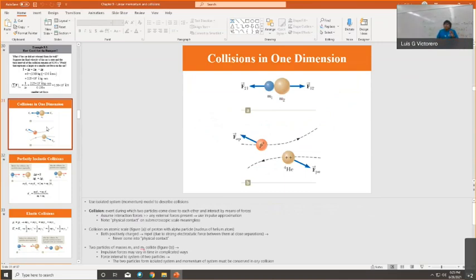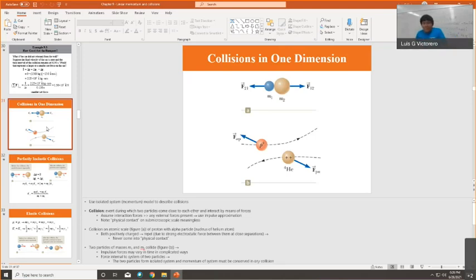There are three different types of collisions that you should know. And we're going to be focusing the most on two of those. The three different types of collisions are elastic, complete or perfect inelastic, and inelastic collision.